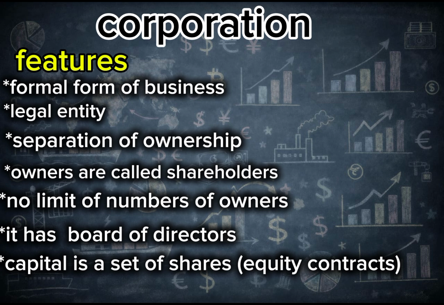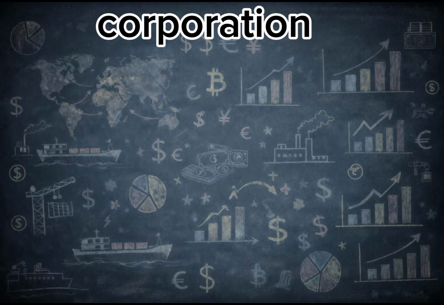Like I was saying, the owners are what? They are shareholders. They are holders of equity contracts, because each unit of share is an equity contract. So shareholders are holders of a set of what? Equity what? Contracts.